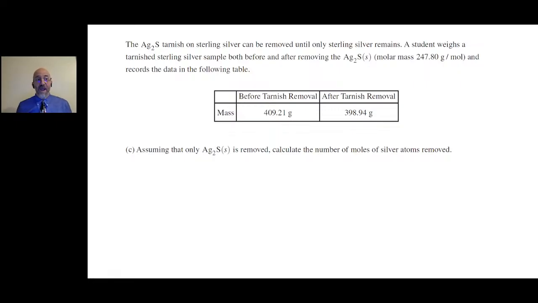The student weighs the tarnished sample, and then they remove it, and then they weigh the clean sample. So that difference in mass would represent the number of grams of Ag2S. Okay, so we subtract, we get that difference, and then we can convert from grams to moles.